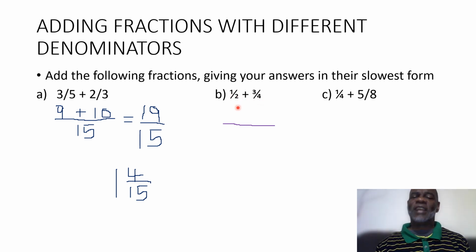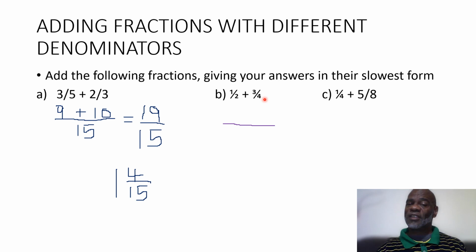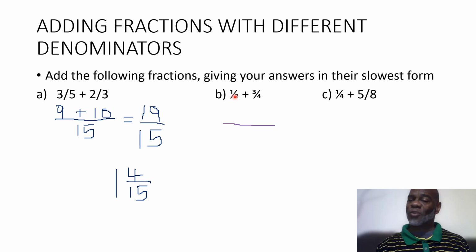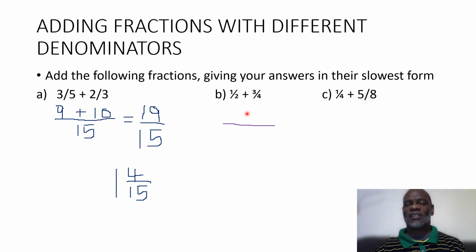But the LCM of 2 and 4 in this case is what? 4, because 2 can go into 4 and 4 can go into itself one time, alright? So we can say then that the LCM of 2 and 4 is 4.